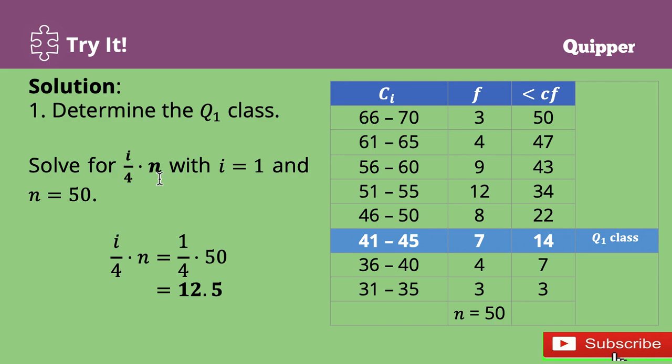Of course, the value of i is equal to 1 since we are looking for Q sub 1, and the total frequency is equal to 50. Now we have 1/4 of 50, which is 12.5. Then we look for the less than cumulative frequency that is greater than 12.5, and that is 14. So this is our Q sub 1 class.